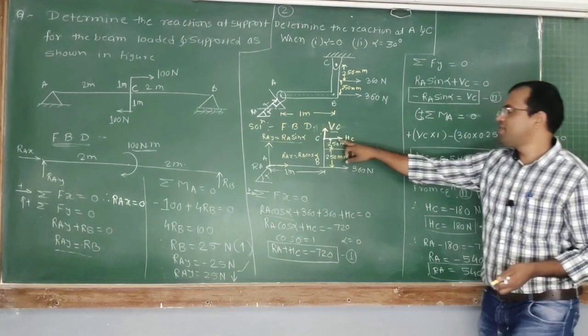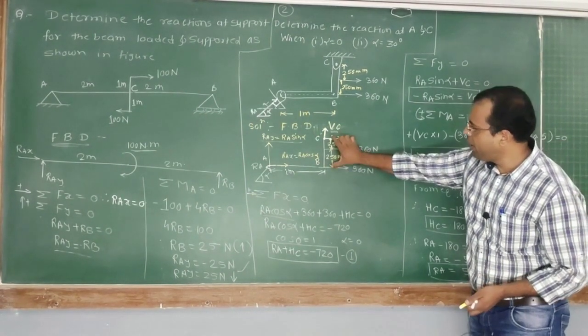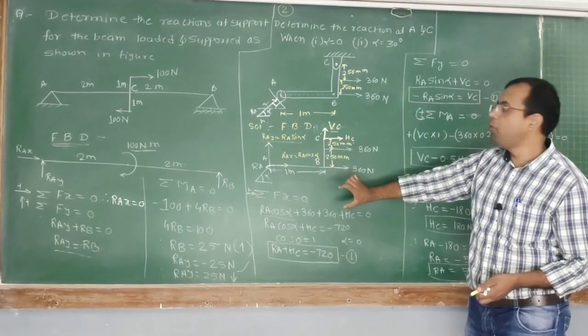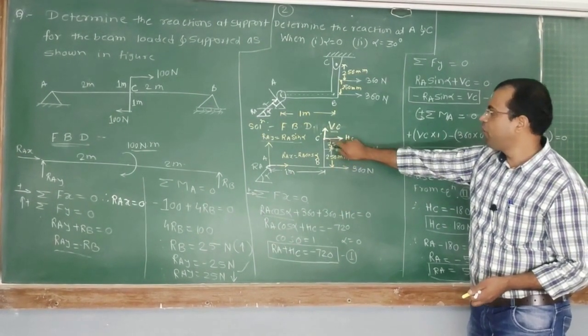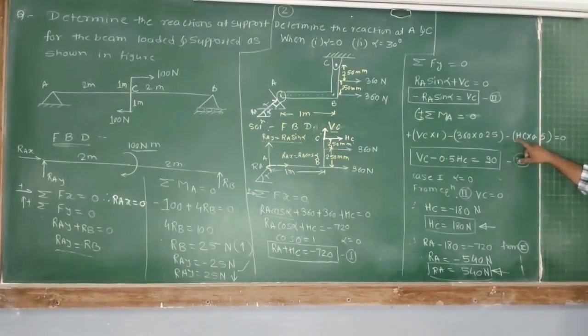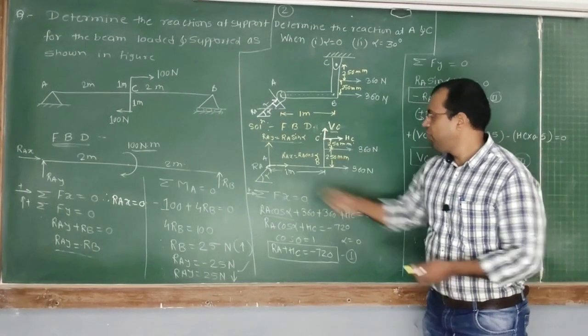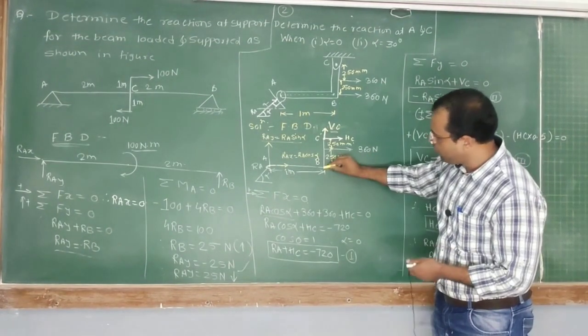Then next, HC. The perpendicular distance between this HC force and point A is this much, that is 0.5 meter. So HC into 0.5 will create the moment in clockwise sense, again minus. So minus HC into 0.5, which is equal to 0. Now the vertical force VC: instead of there, I can show the force here.